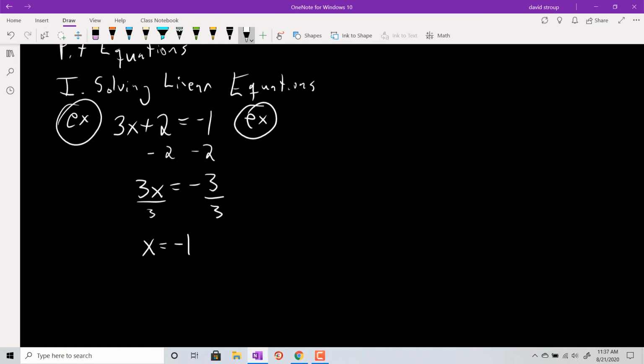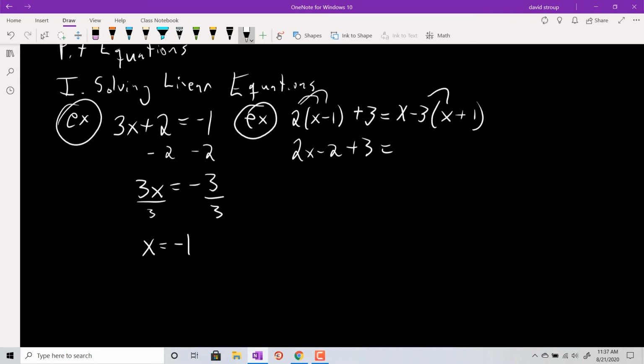Now let's look at a more complicated example. Okay. So we want to get this example into the form of the previous one. That's a common theme in math, right? So first I'm going to distribute on both sides here. Also distribute here.